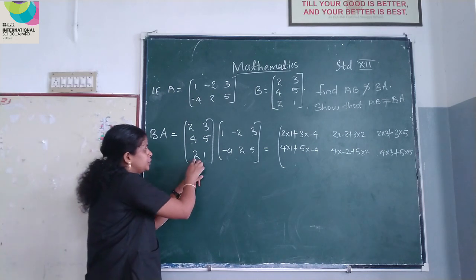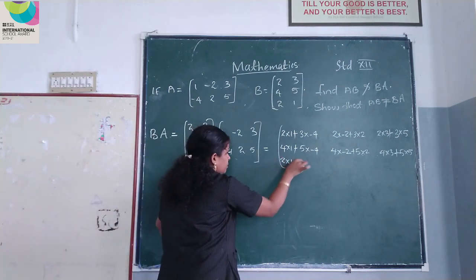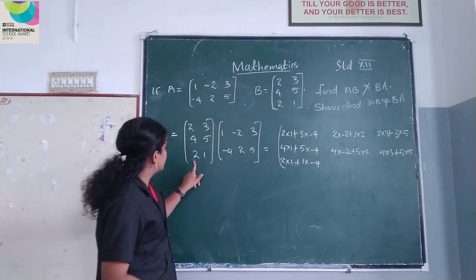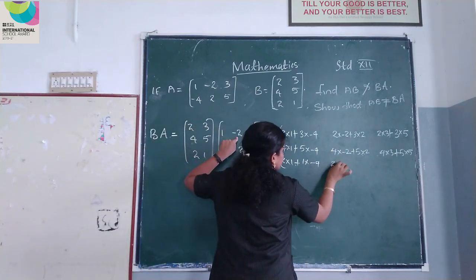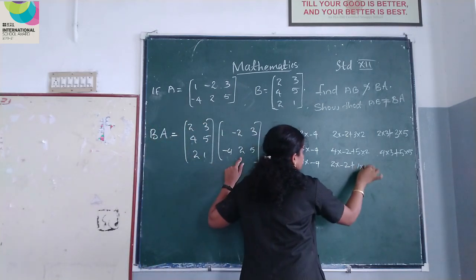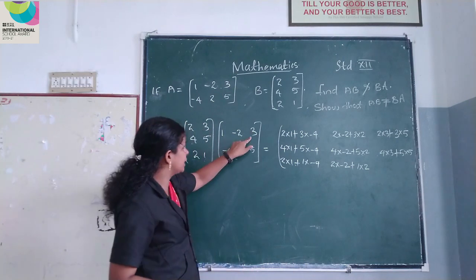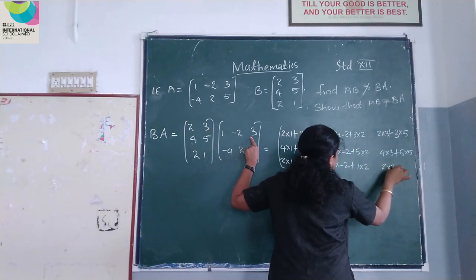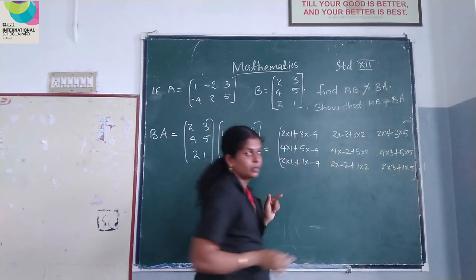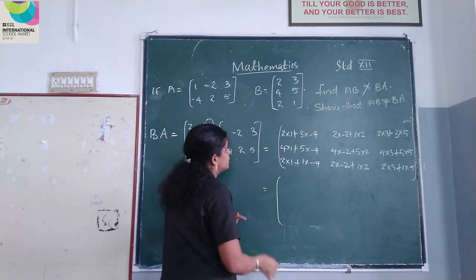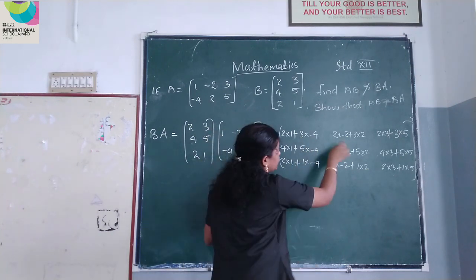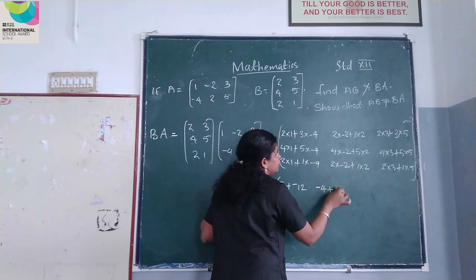Then how will you get the third row? You can take 2 into 1 plus 1 into -4. The next one, 2 into -2 plus 1 into 2. The last, 2 into 3 plus 1 into 5. Which is equal to the matrix: 2 into 1, 2, plus 3 into -4, -12. 2 into -2, -4, plus 3 into 2, 6.